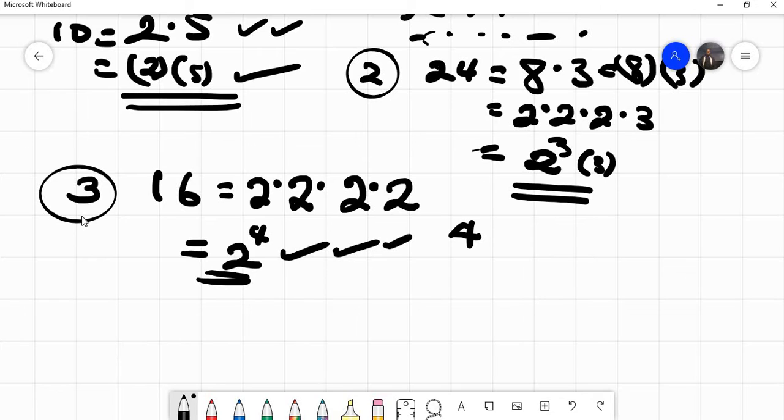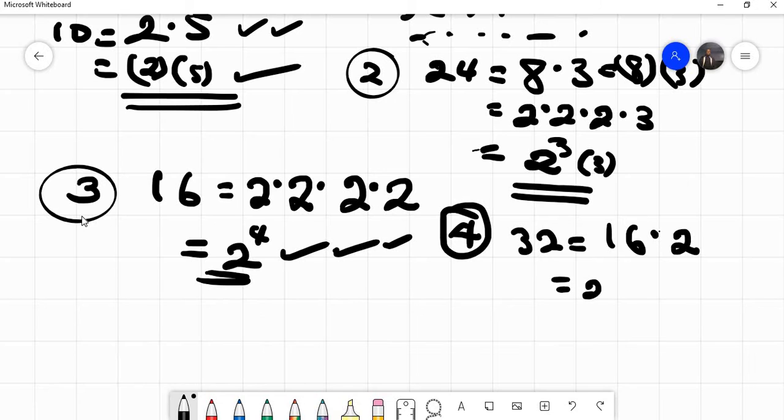Our fourth example, we're given 32. 32 we can write many ways. 32 is 16 times 2, and then 16 we break into 2s, because we want to end up with only 2s. 16 times 2, and 16 we break into four 2s.